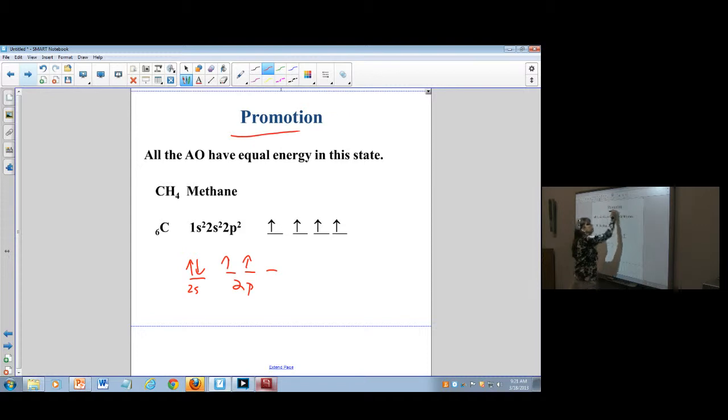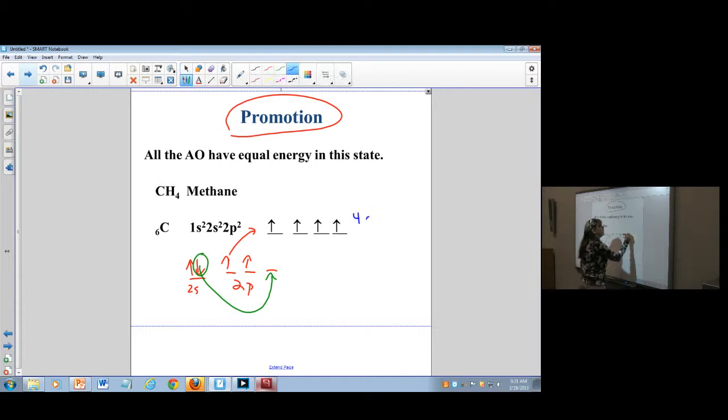But if we promote these 4 electrons into the 4 possible orbitals, okay, we have promoted one of these electrons, for example, to this empty p orbital. Now that gives us 4 orbitals, and in this particular case, you'll notice that they have the same energy. This is on purpose. Okay. 1 orbital in this carbon is the same energy as any other orbital in that particular shell.